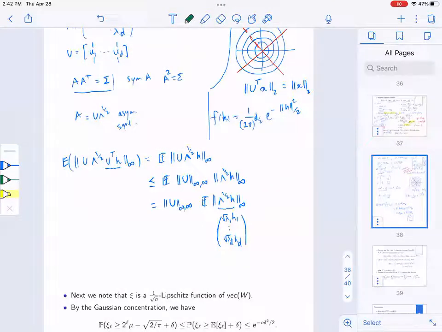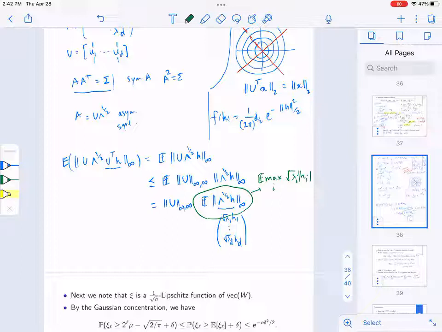This is nice, but I'm worried about the first term. So let's see what this does. I'm not sure what to do about it. So this would look like this, okay?